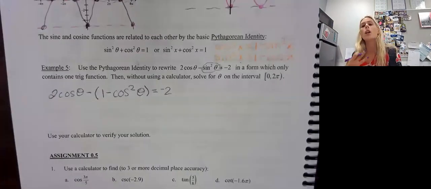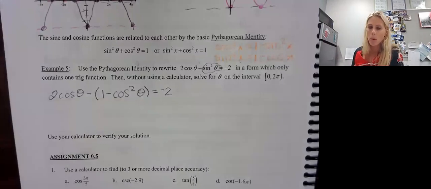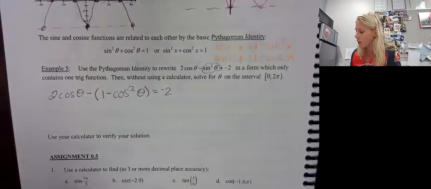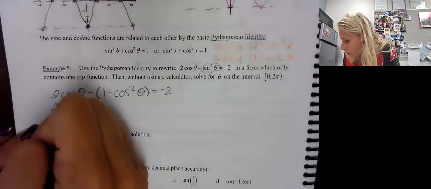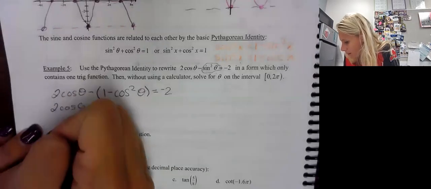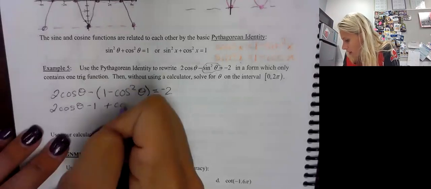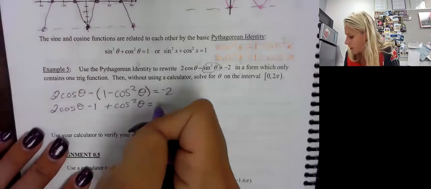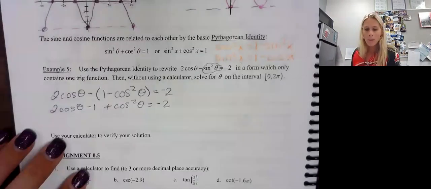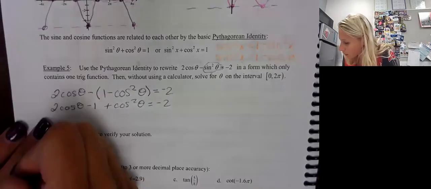Hopefully you see our next thing to do is simplify by distributing and putting it in order. So first I'll distribute it, then I'll put it in order. So I have 2 cosine theta minus 1 plus cosine squared theta equals -2. I'm going to move everything to one side, but I'm also going to order it. So we always put our squareds first.